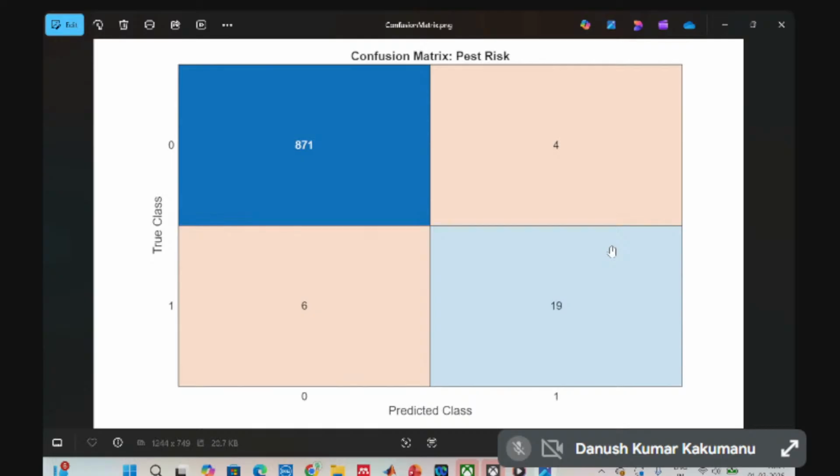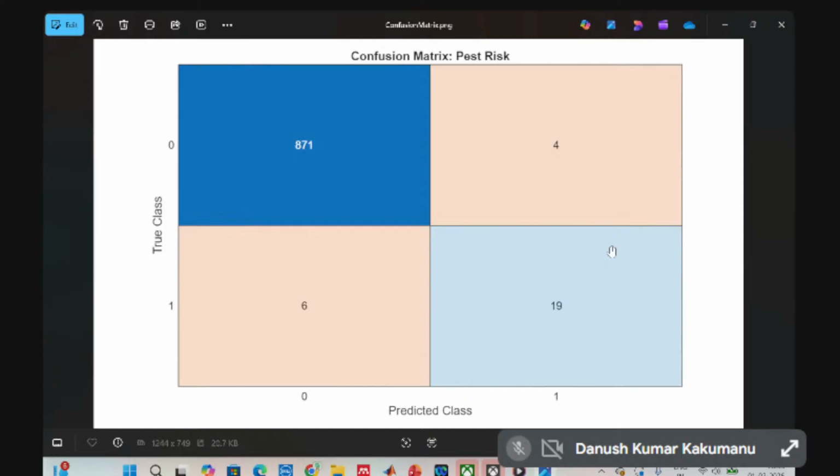In the last topic, model evaluation, you will be having confusion matrix formulas. That is TP, TN, FP, FN. TP means true positive, true negative, false positive, false negative.